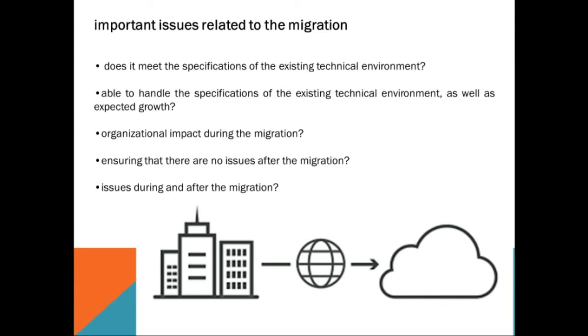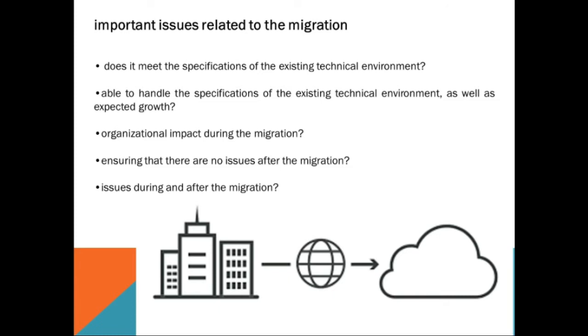So if the company is fully established and has its own infrastructure, means they have their on-premise data centers, and because of this competitive environment they want to move to the cloud, there are certain issues which are always very relevant for any company.